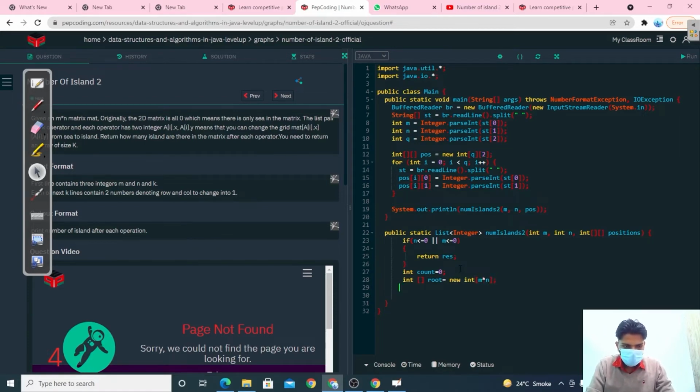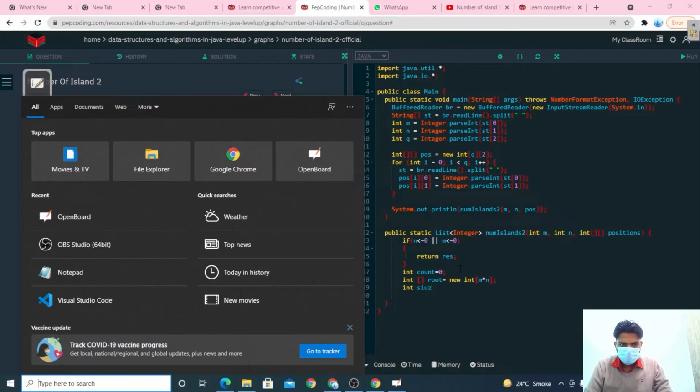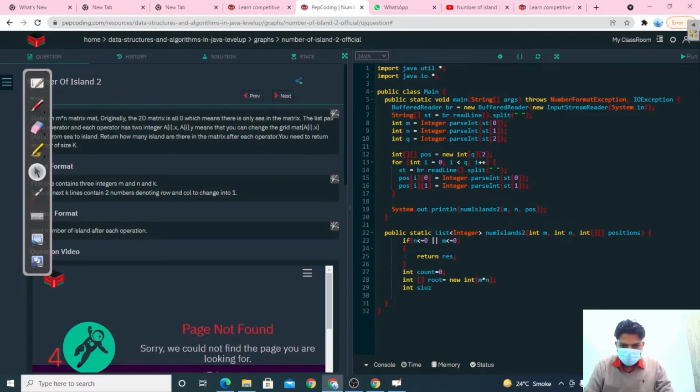After that, we take a size equal to new int, and in this we put m cross n.